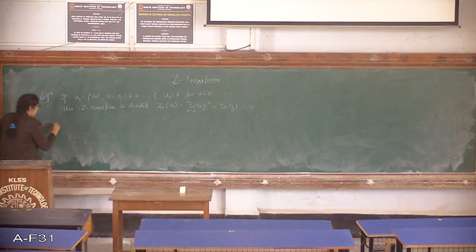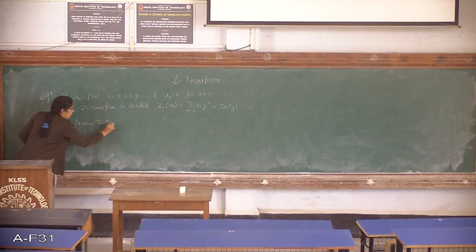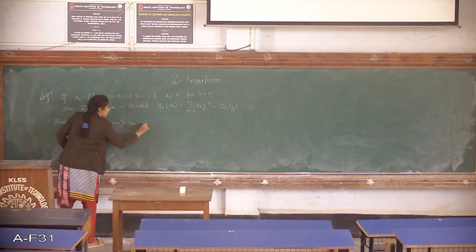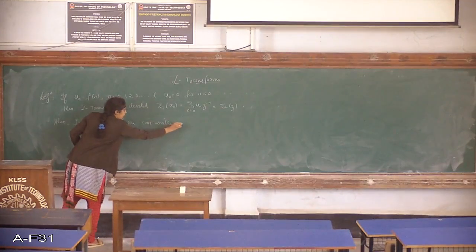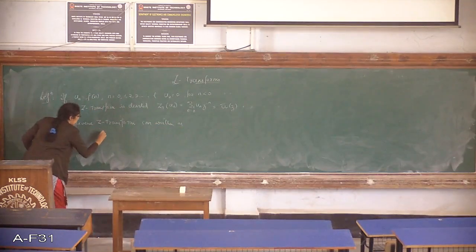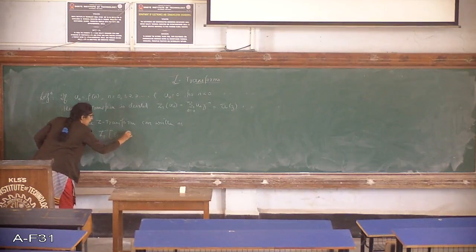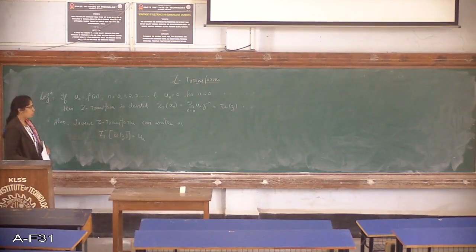And also the inverse Z transform can be written as: inverse Z transform of u bar of z will be equal to u_n, that is, a function of n.